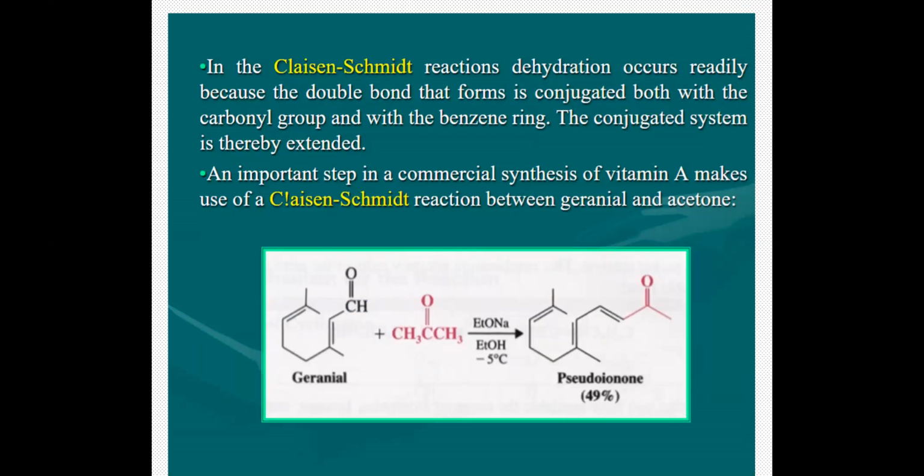Further long chain synthesis takes place and you get the corresponding vitamin A.